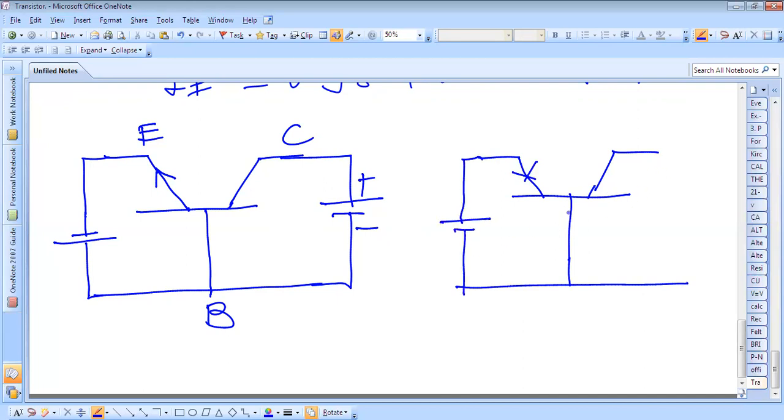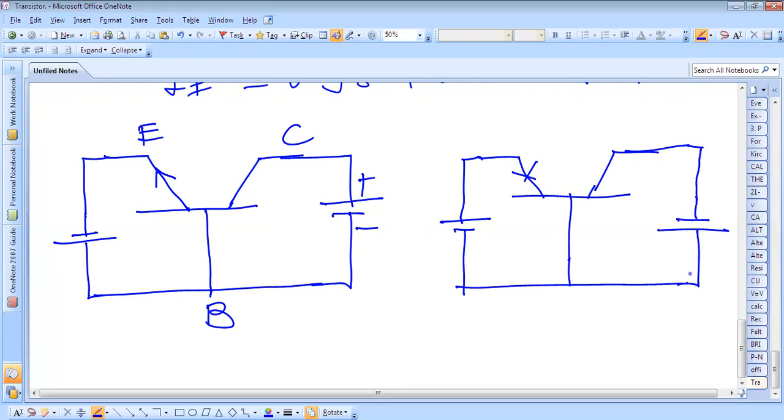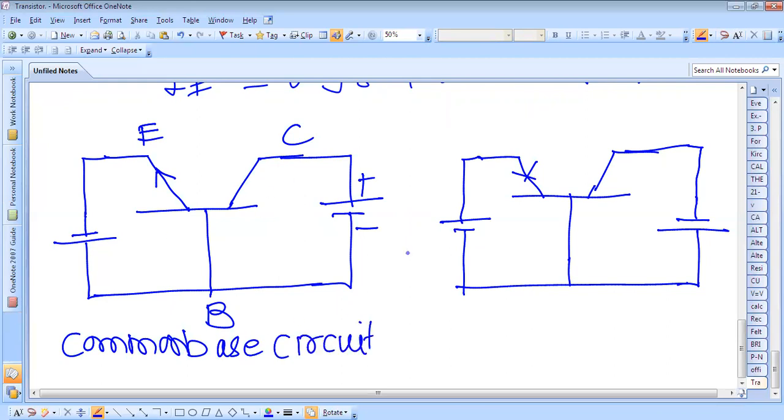This is a base. This is a common base circuit because the base is common to both emitter and collector.